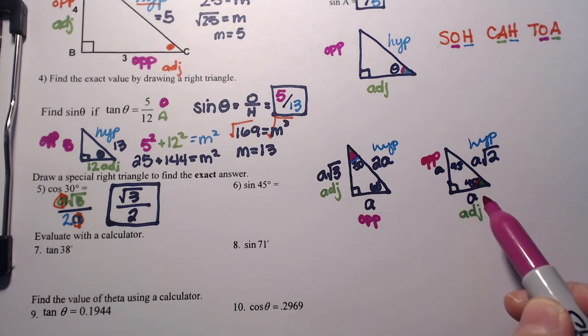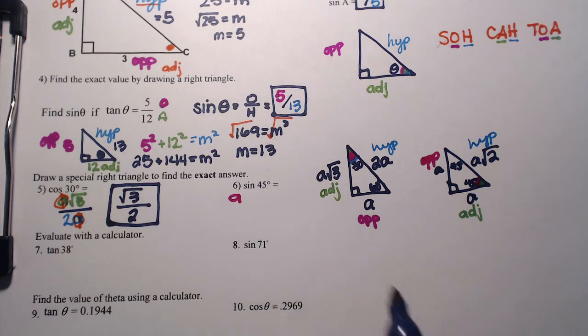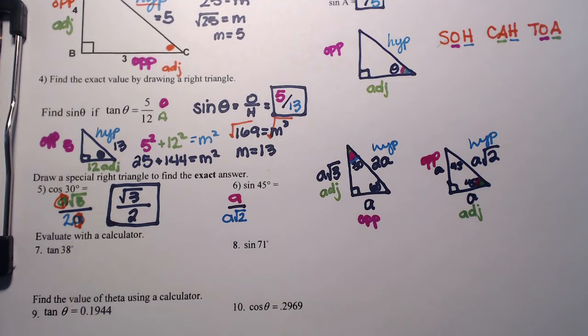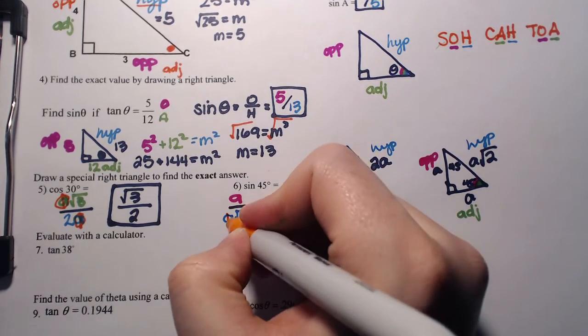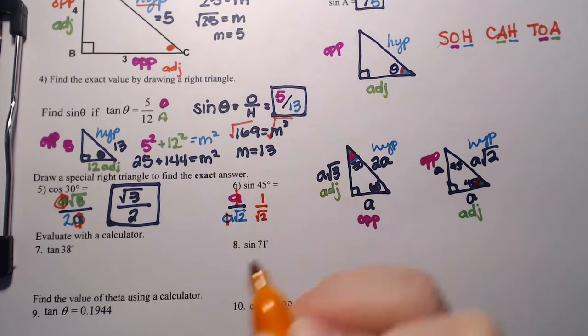So sine is opposite over hypotenuse. And again, the a's can reduce. So I have 1 over the square root of 2.